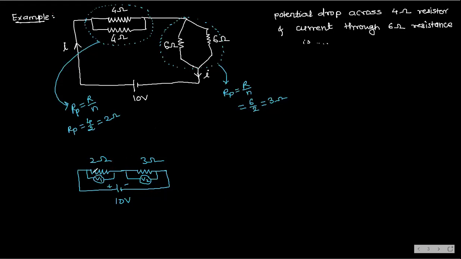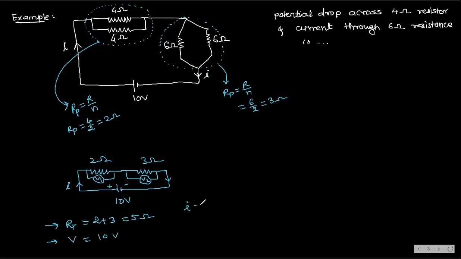So let's start finding potential drop. For that we need to find current first through this circuit. Total circuit resistance now is 2 plus 3, which is equal to 5 ohm, and total supplied voltage is nothing but 10 volt.